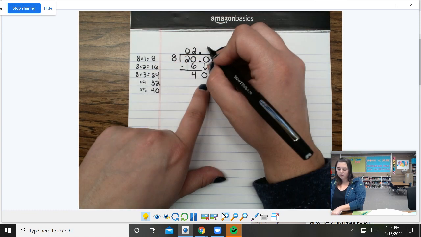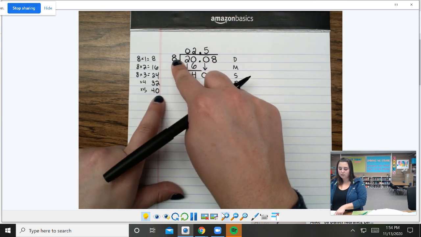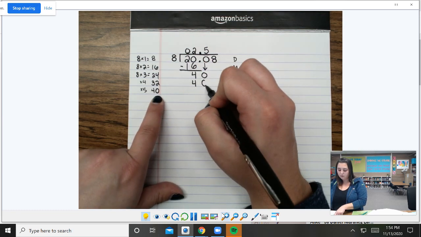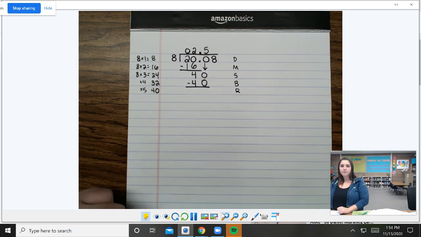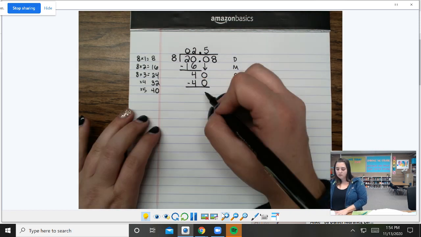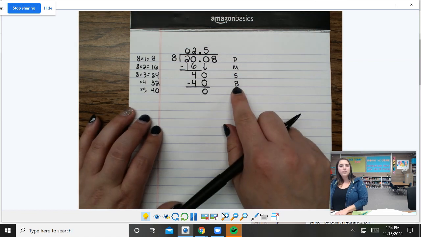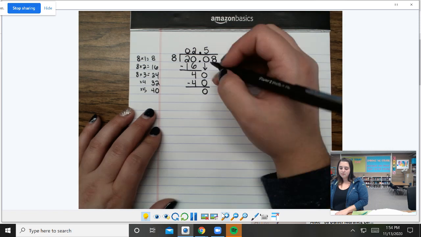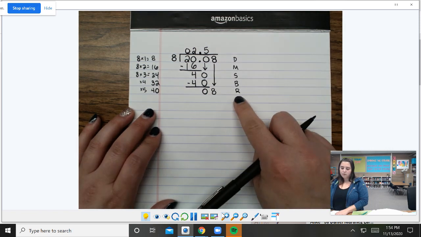So it goes into it 5 times, multiply. 5 times 8, we just said was 40. Subtract. That would be 0. Bring down. Repeat.